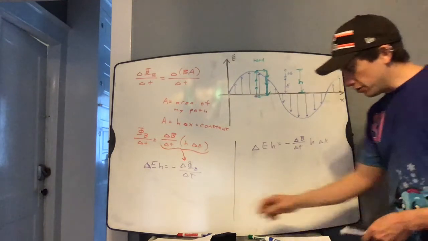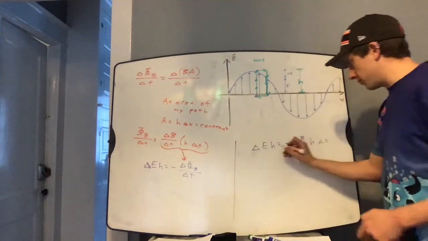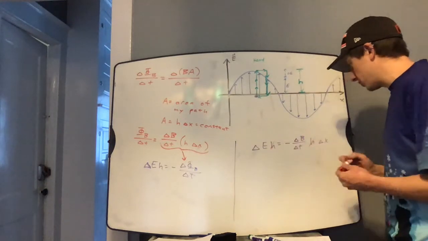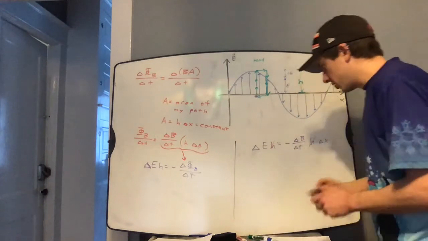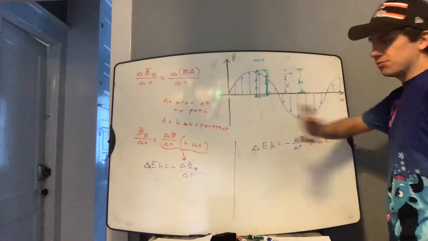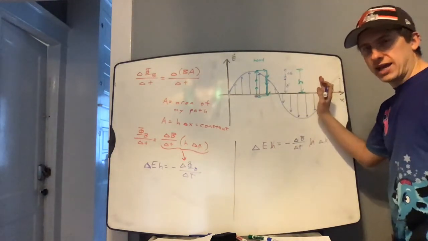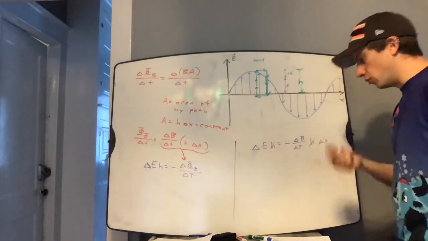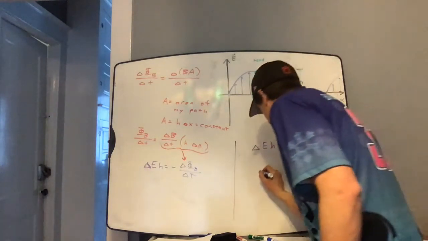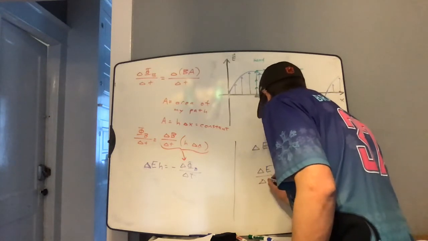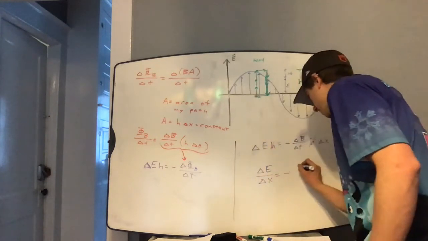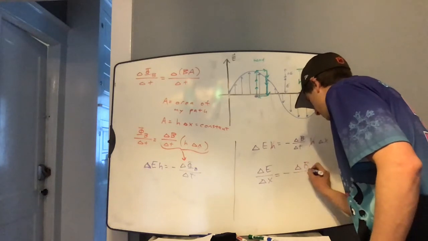At this point, I notice I have H on both sides, so I'm going to cancel those out, and bring the delta x to the other side. So what I end up with when I apply Faraday's law to an electric field wave solution is delta E delta x is equal to negative delta B delta t.